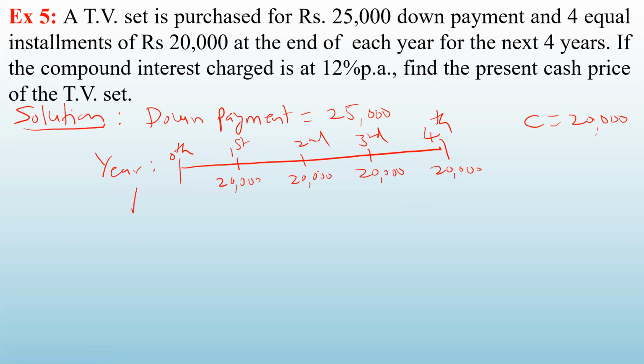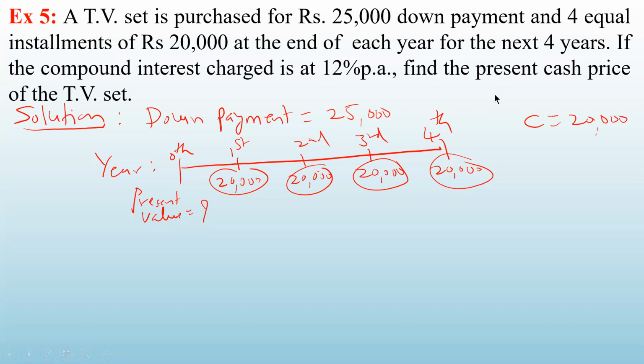This is the installment amount, this is the value of C. We'll first find out the present value. That present value you add to the down payment to get the cash price of the TV.